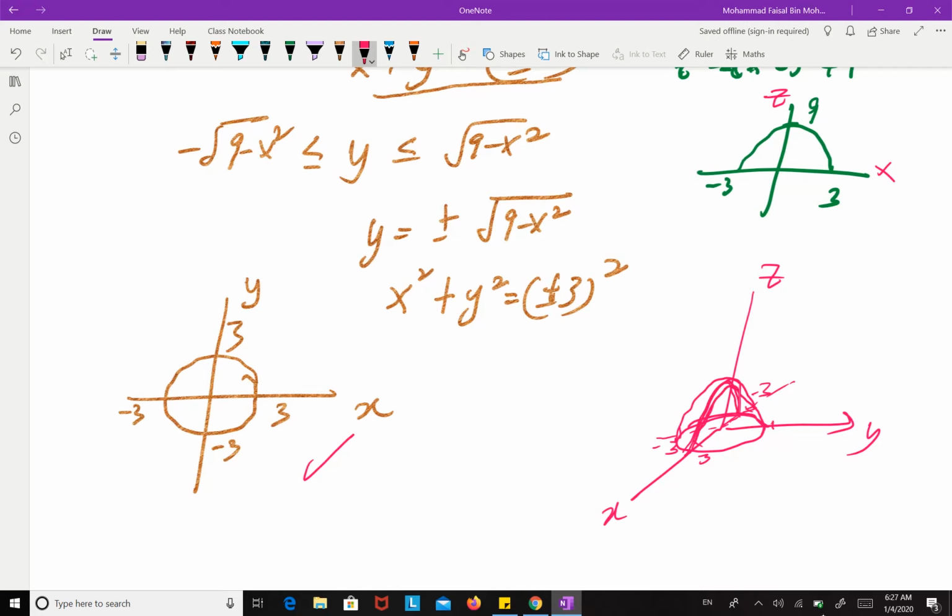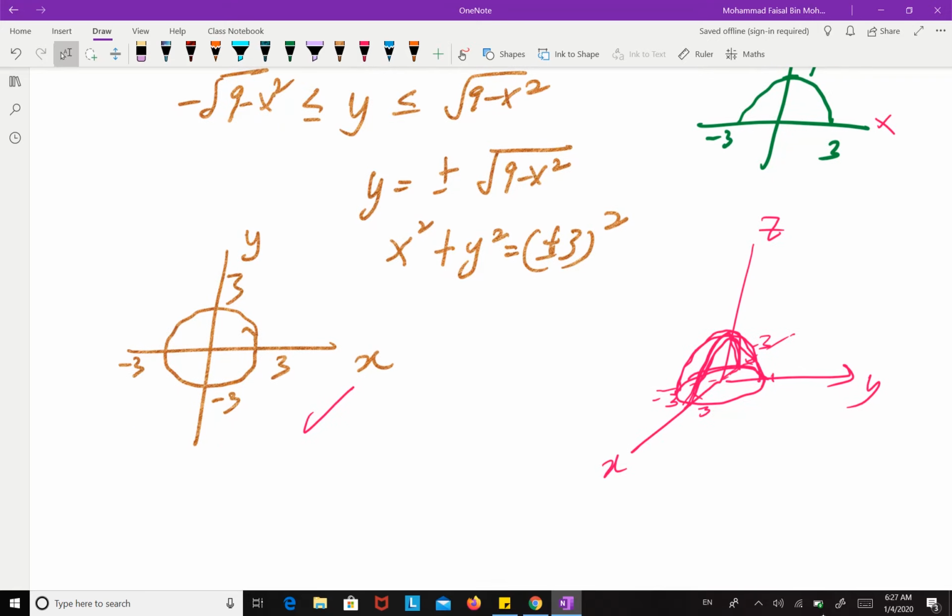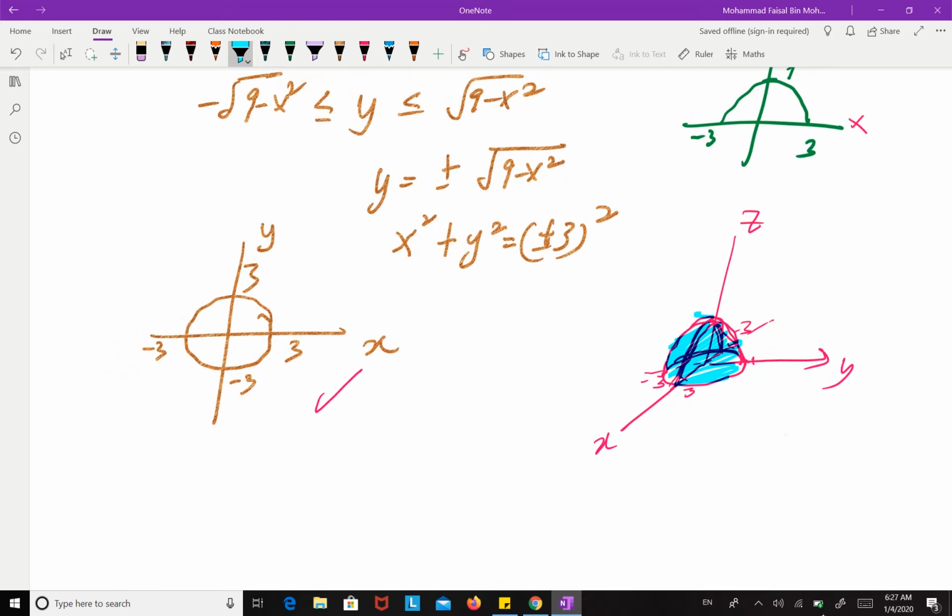This is zx and this is zy. So this is your region now, with height 9 and radius 3.